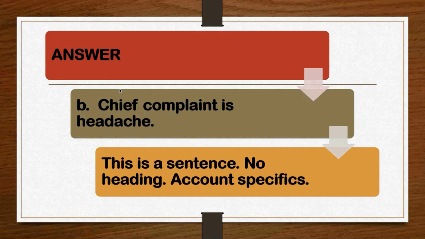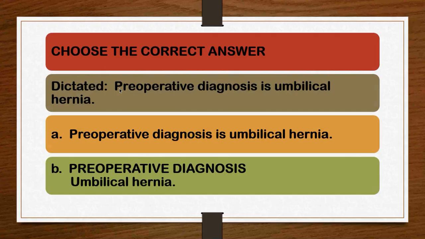And so if it's dictated as a sentence, just make it a sentence. If it's dictated as chief complaint, headache, then you would make that into a heading. Your account specifics talks about this. There is an exception, as you guys know, for the diagnosis section, but if this is just written as a sentence, just leave it as a sentence. Just transcribe it as a sentence.